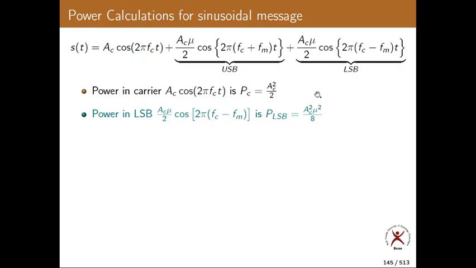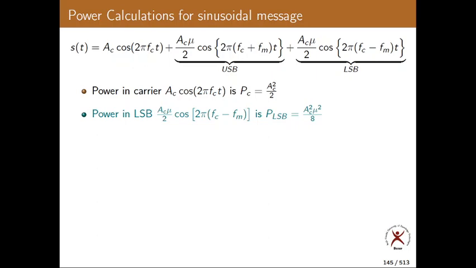Now what is the power of this term? I told you just now, to calculate the power of any sinusoidal signal, you take the amplitude whole square by 2. Here, what is the amplitude of this term? AC mu by 2, whole square by 2. So AC mu by 2 whole square by 2. What do you get?